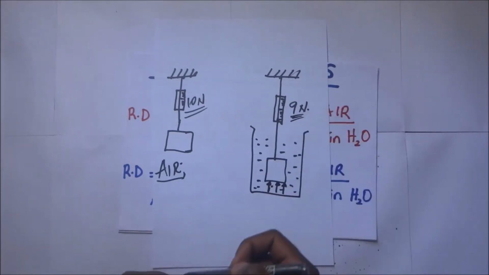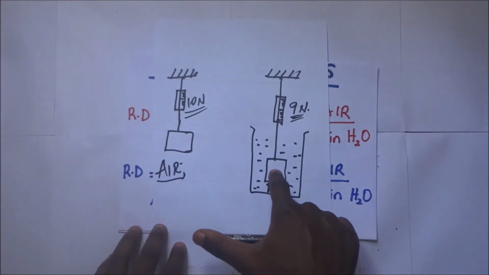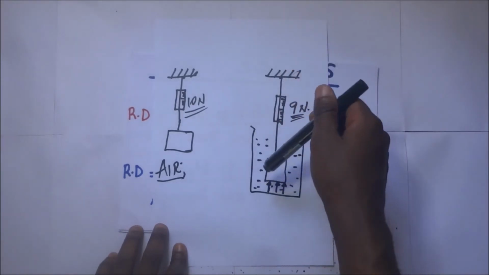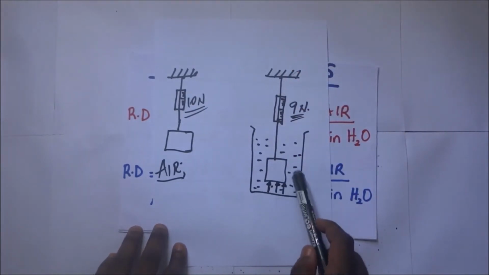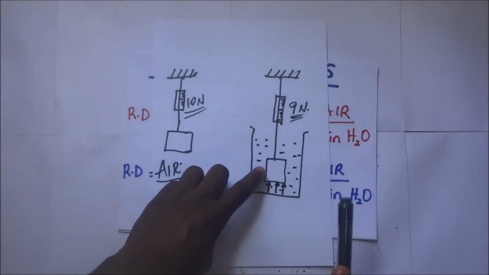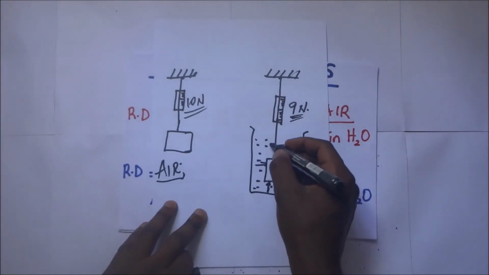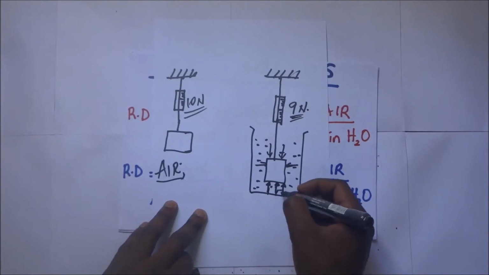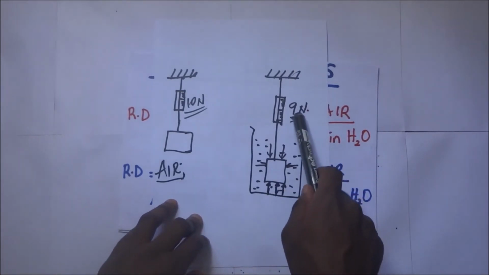This force that it is experiencing from downwards is going to cause the spring balance to record a lesser weight. In other words, this solid loses some weight as it drops in water, and that weight is lost because of a certain force that is within water, and that is the upthrust force. Of course, when this solid is in liquid, it's going to experience forces on all sides, but the downward force is the one that is the strongest, and it is the one that causes this drop in the weight.